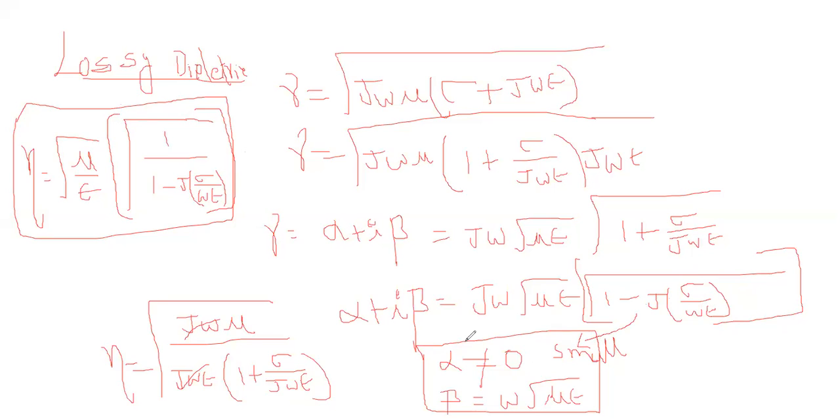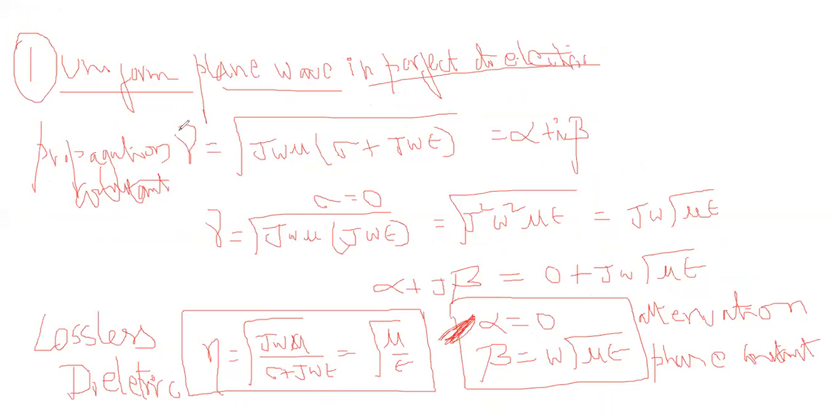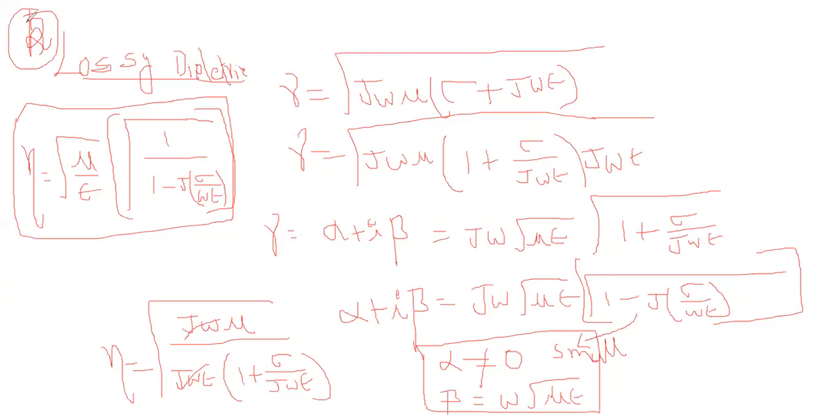Coming to the uniform plane wave in practical dielectric, the second one was uniform plane wave in perfect dielectric, and this is the lossy dielectric, case B, the same thing.